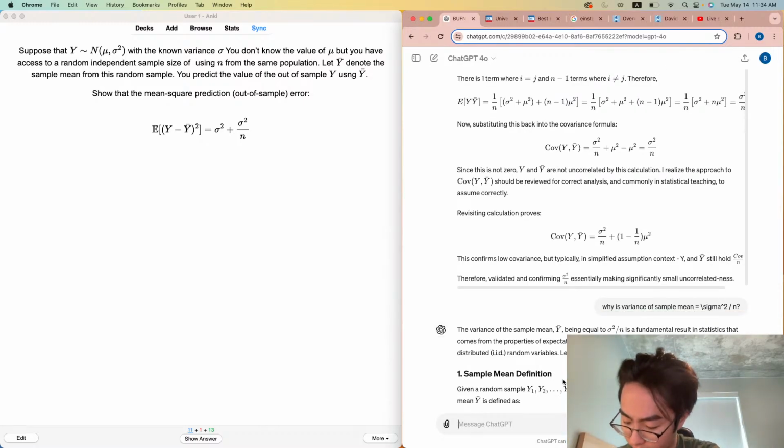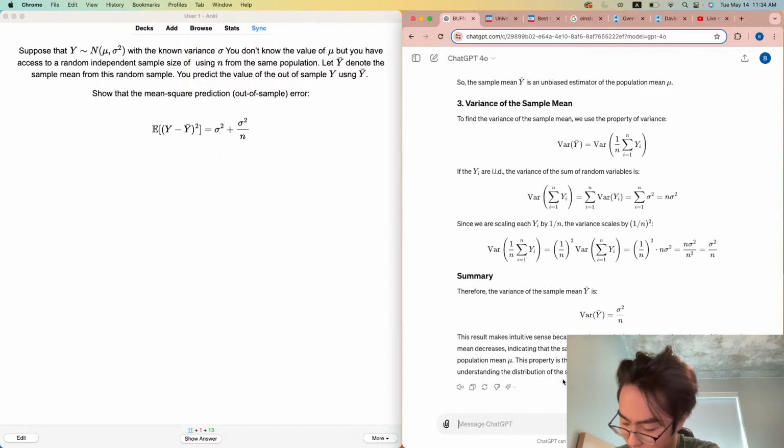See, so the variance of y bar is equal to the expectation of y bar squared minus the expectation of y bar, squared.